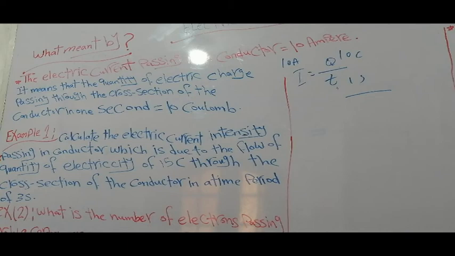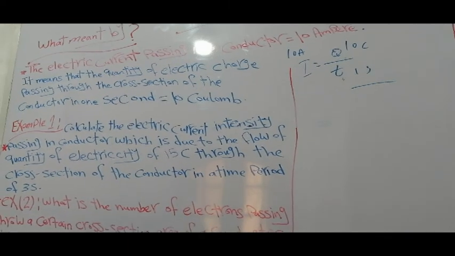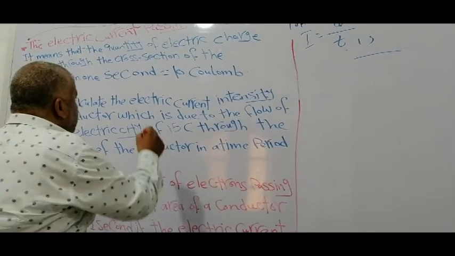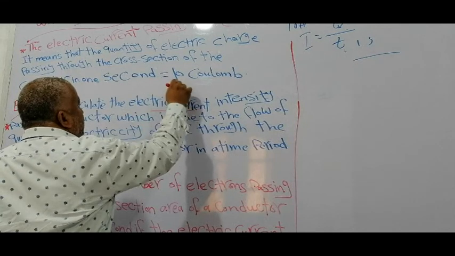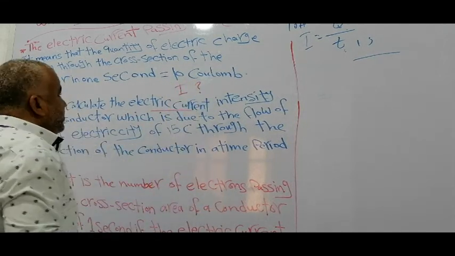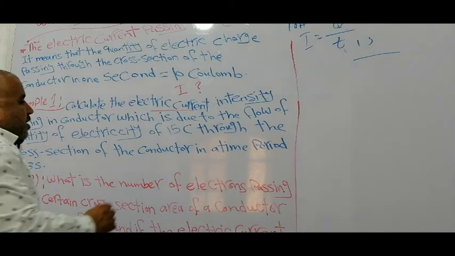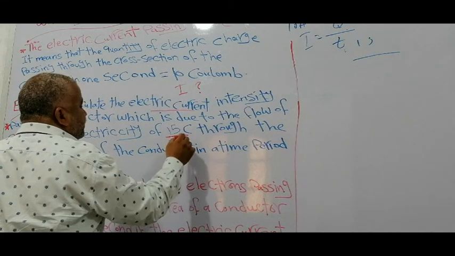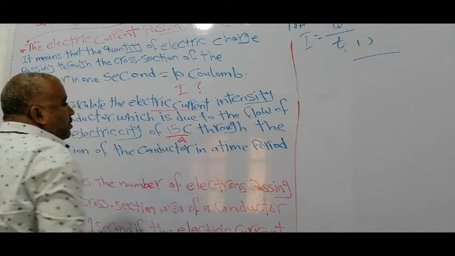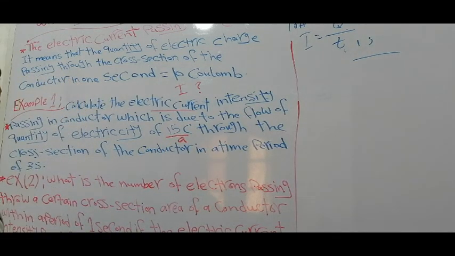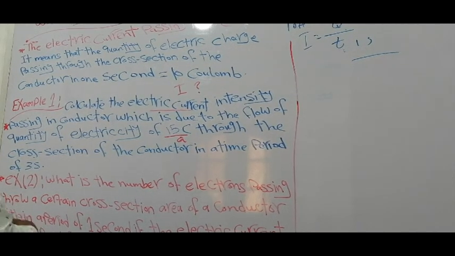Example 1: calculate the electric current intensity I passing in a conductor, which is due to the flow of a quantity of electricity of 15 coulombs Q through the cross section of the conductor in a time period of 3 seconds.